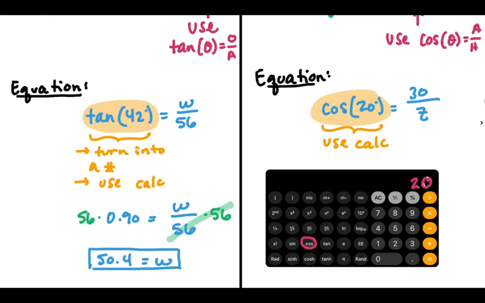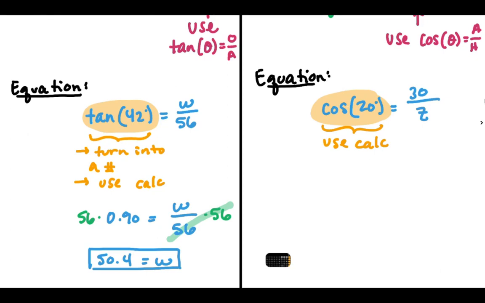So let's round it off to 2 decimal places. It's 0.939, so I'm going to round the 3 up to 4. So this becomes 0.94 equals 30 over z.